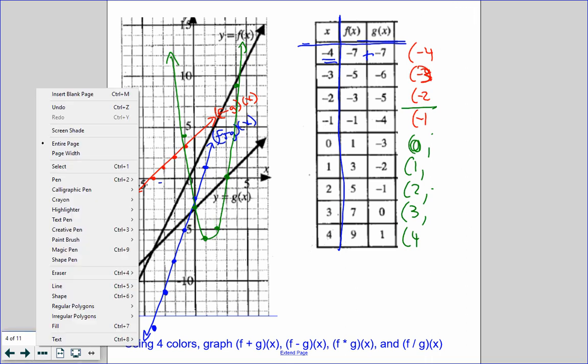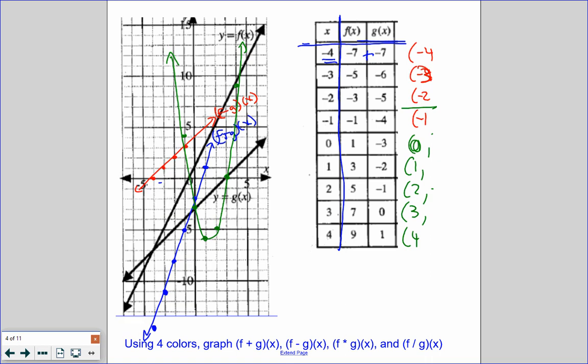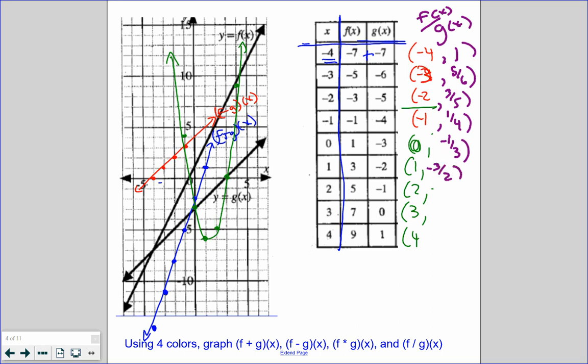Okay, and then the last color I'm going to do here, I'm just going to pick a different color for my pen. I'll go with, I think this is purple. So it's f divided by g. Okay, so -7 divided by -7, -5 divided by -6, -3 divided by -5, -1 divided by -4, 1 divided by -3, 3 divided by -2, 5 divided by -1.